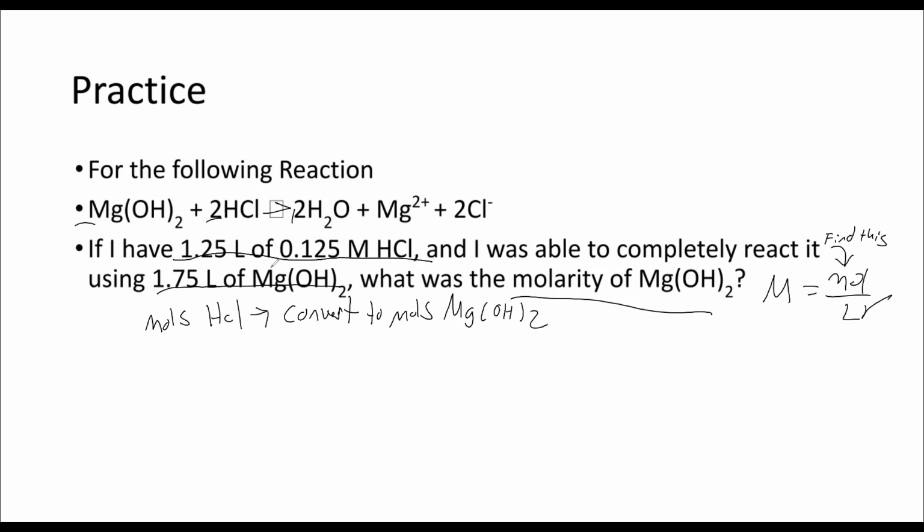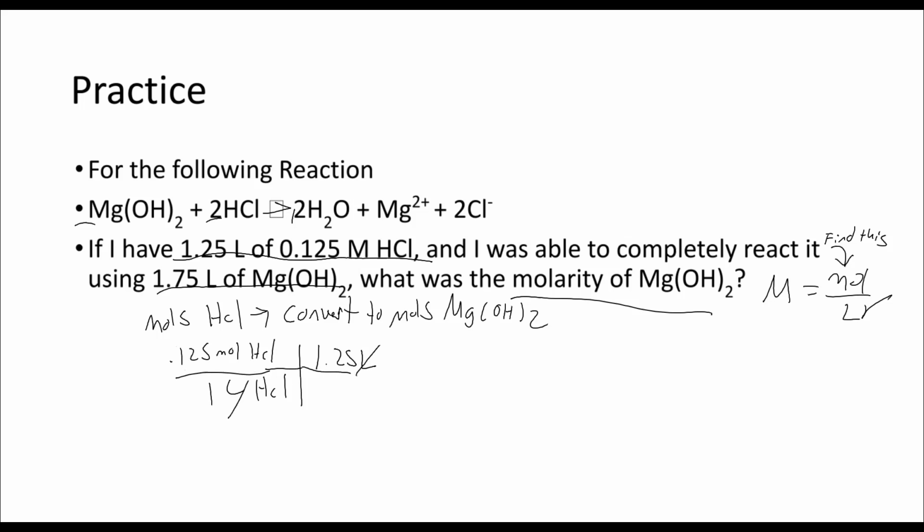And we just looked at the previous problem how to get moles of HCl if given a molarity and a volume. So let's start there. I have 0.125 moles of HCl for every 1 liter of HCl. Multiply that by my total volume. Liters cancel out.